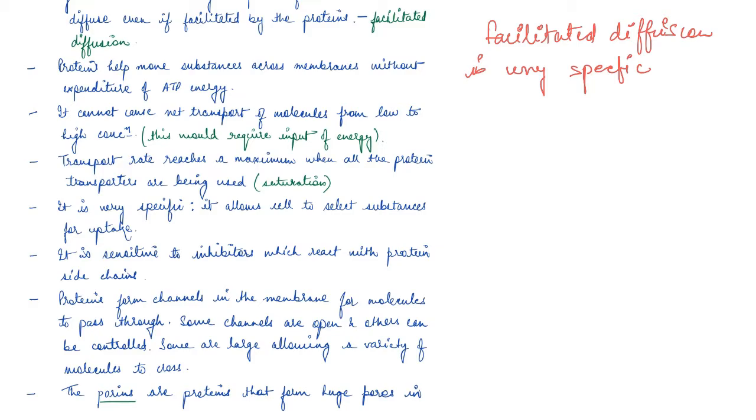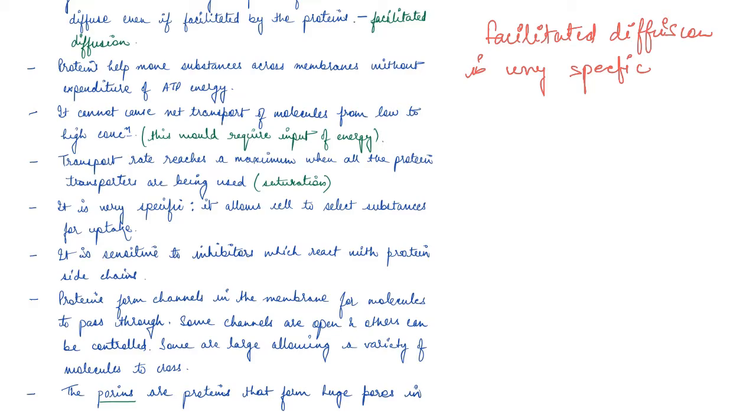So say if there are inhibitors and the cell passes a signal to the inhibitor to not allow the substance to pass, the substance will not be able to pass through the membrane, right? Now the proteins, how they help the substance to pass across, they form channels in the membranes, and through these channels the molecules pass through.